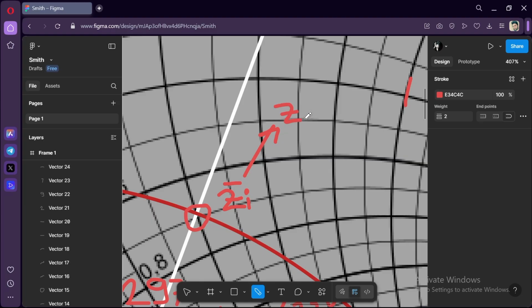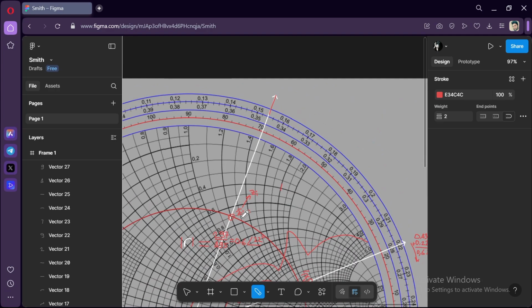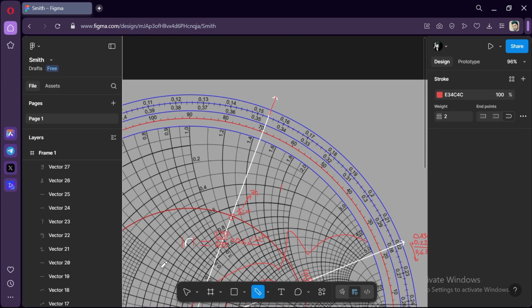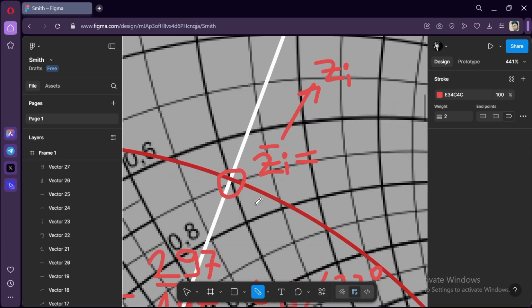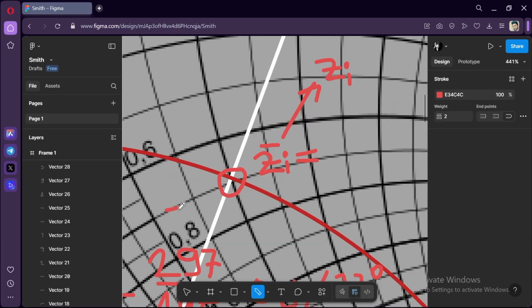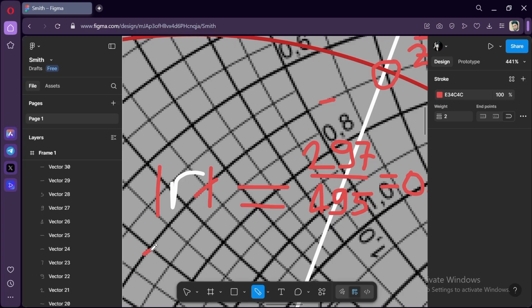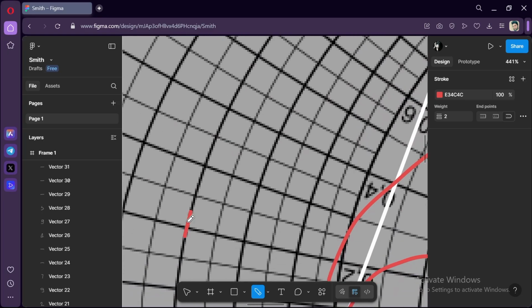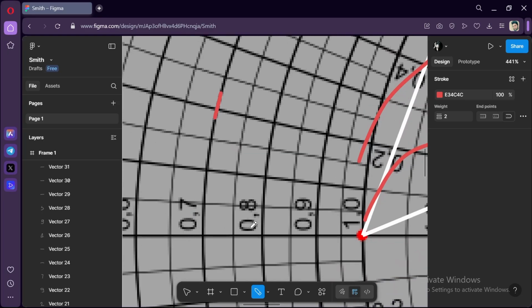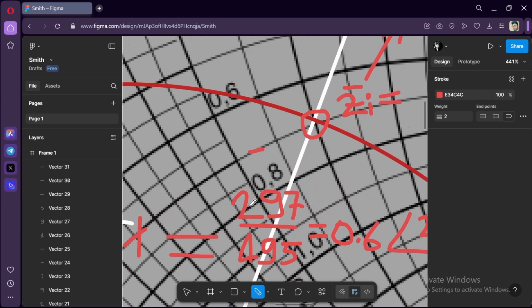Okay, so let's read the values of this point. The real part is given by the circles, so let's follow this one. Okay, 0.7 real value.